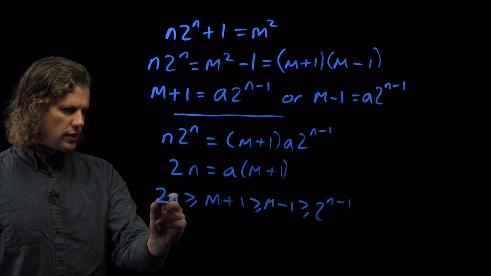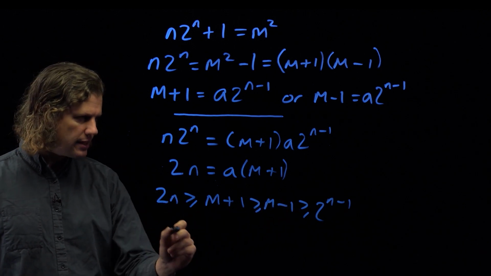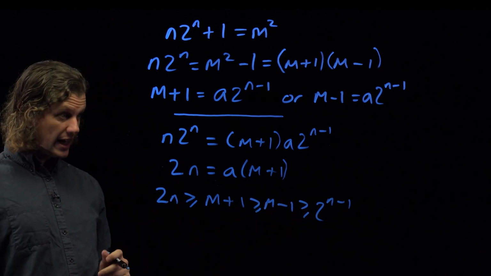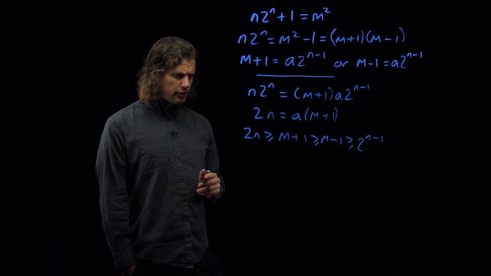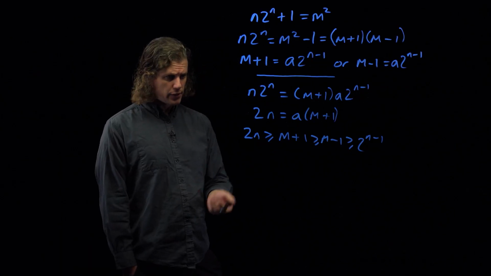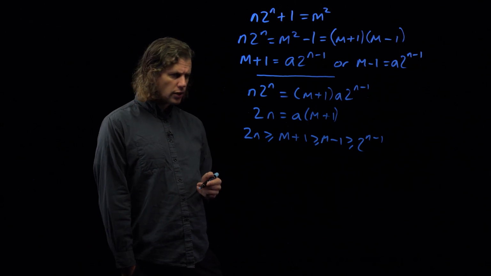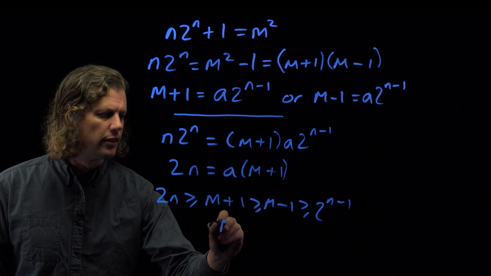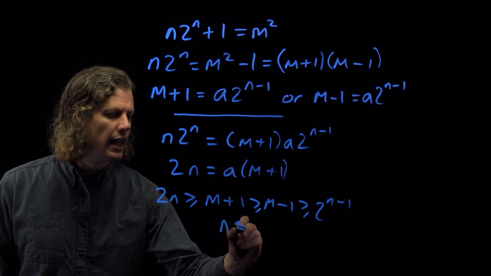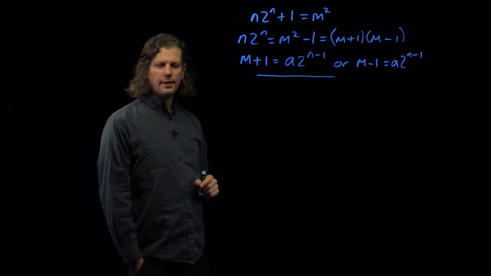That tells us in total that 2 times n is greater than or equal to 2 to the n minus 1. And that's an inequality that's only valid for a very small number of values of n. As soon as n gets large, that'll no longer be the case. And you can go and look at some numbers, and you can check that this is in fact only true if n is less than or equal to 4.